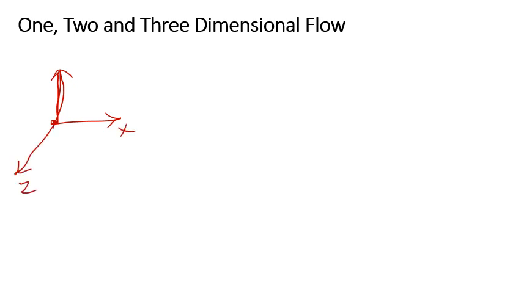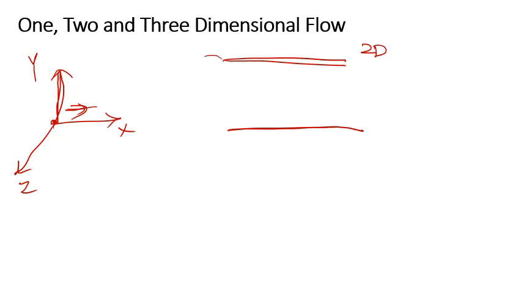So if we are just considering the flow in the x direction, for example, if the velocity and this is a pipe, we are considering this pipe like two dimensional, right? We are not considering the third circular dimension.